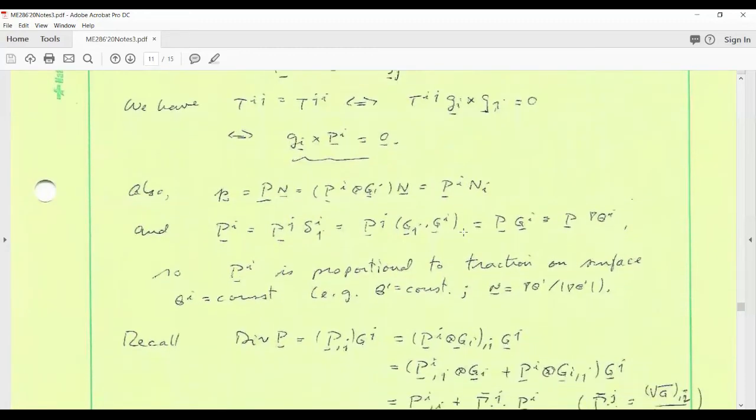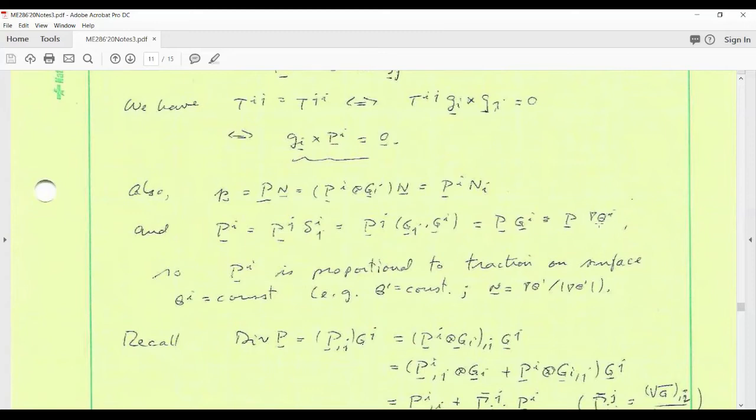And by the way, this gives us a way to interpret the Piola stress vectors. I can write them using the Kronecker delta this way, sum on J, P super I is this. I can interpret the Kronecker delta in terms of the referential bases, like so. This is P super J tensor product G sub J, which is P, operating on G super I, which is the referential gradient of the ith convected coordinate.